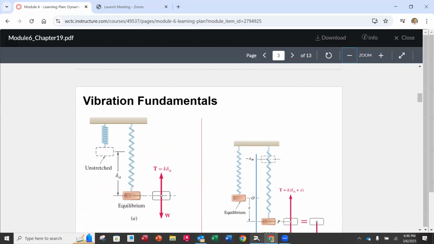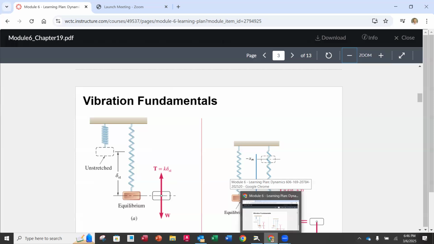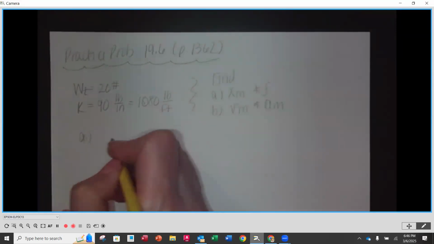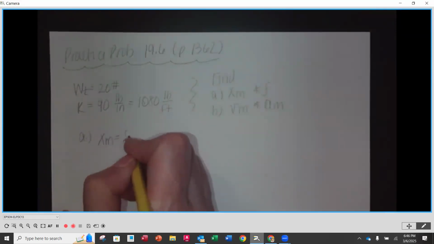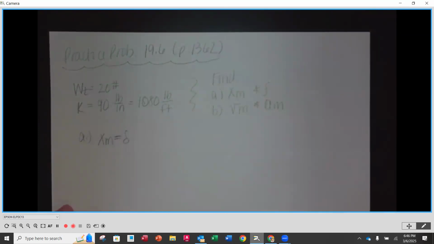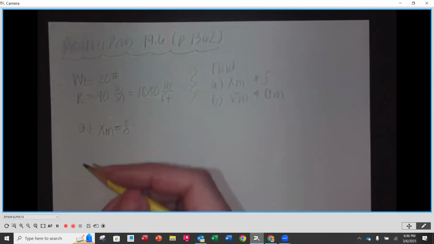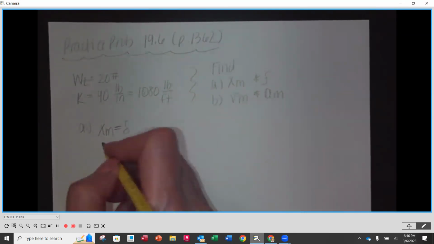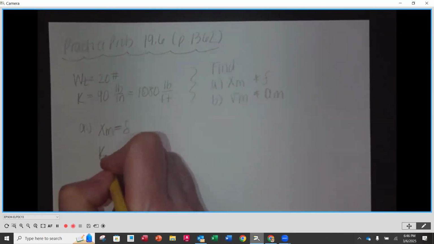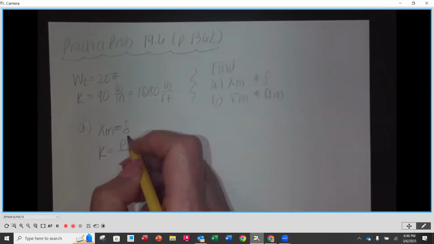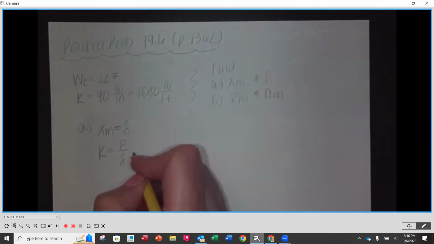Because there is no extra force stretching it beyond its equilibrium point, our X_M is going to be equal to that natural deformation when we let go and let that block stretch that spring. We can find deformation through the spring rate. K is equal to P, which is the weight, divided by the deformation.